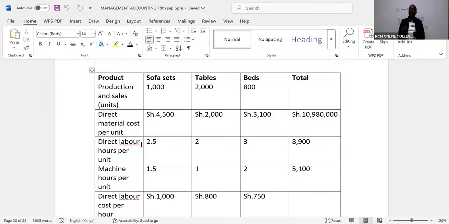If they say this is labor hours per unit, then I must multiply with the total number of units. So then this one will be equal to, for sofa sets, I can see labor hours are 2.5, isn't it? Times how many sofa sets? 1,000 sofa sets. Plus some labor hours will be going to tables.